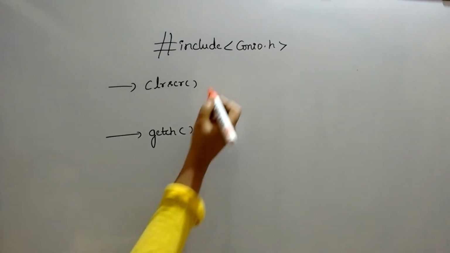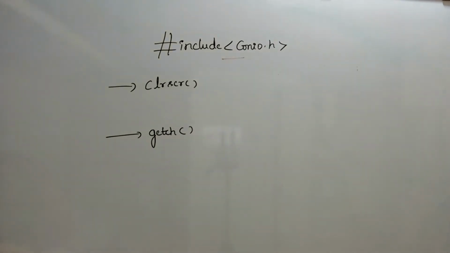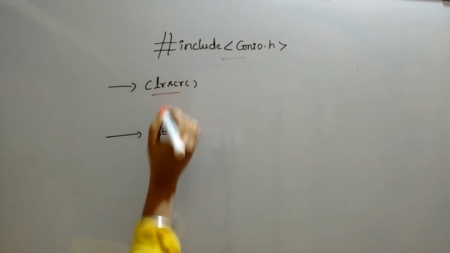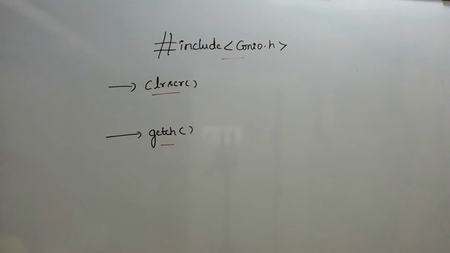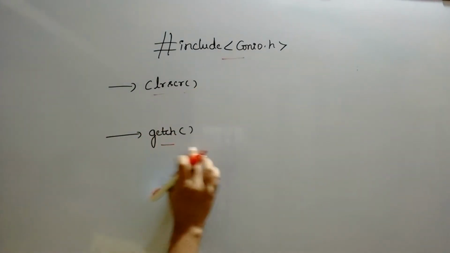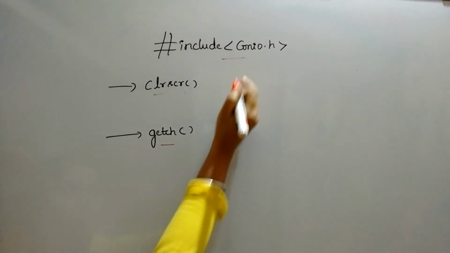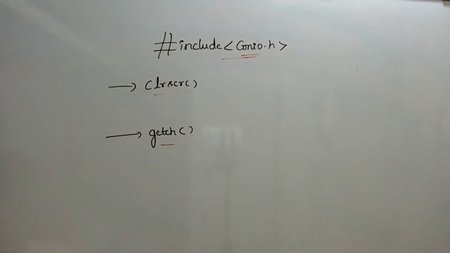So now let us see what is this conio.h header file and why we have to use the clear screen and getch functions in our C program. I am going to explain these two functions, which are stored in the conio.h library.